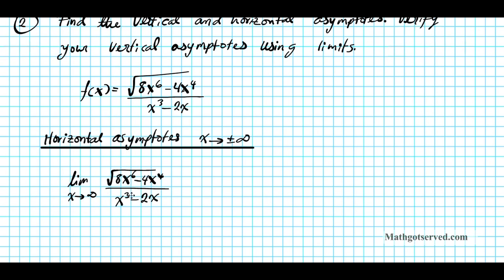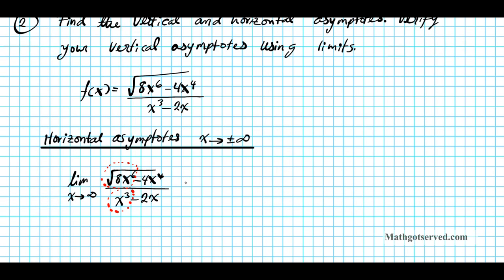All right, so when you're looking at the limit at infinity, the leading term in the numerator and the denominator are what we're going to focus on, because the other terms don't go fast enough at infinity. So in the numerator, I'm going to focus my attention on the square root of 8x to the 6th. And in the denominator, the leading term is x to the 3rd, so that's where I'm going to focus my attention.